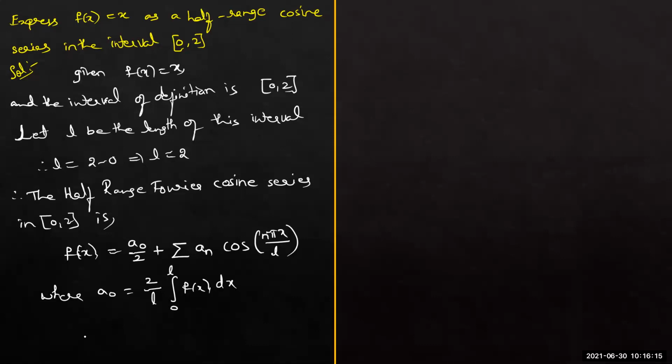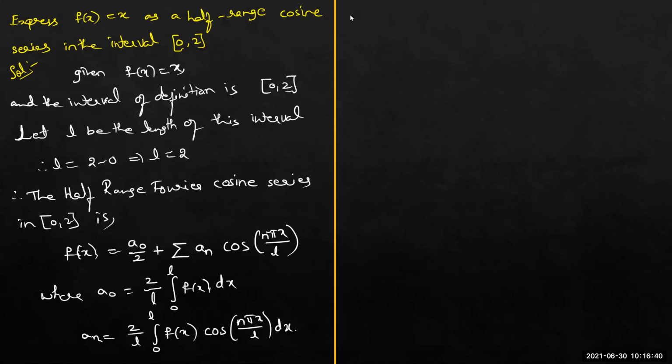Then an is equal to the same thing, 2 by L into integration from 0 to L, of f of x into whatever function you have in the series, that function has to be considered here. It is cos n pi x by L.